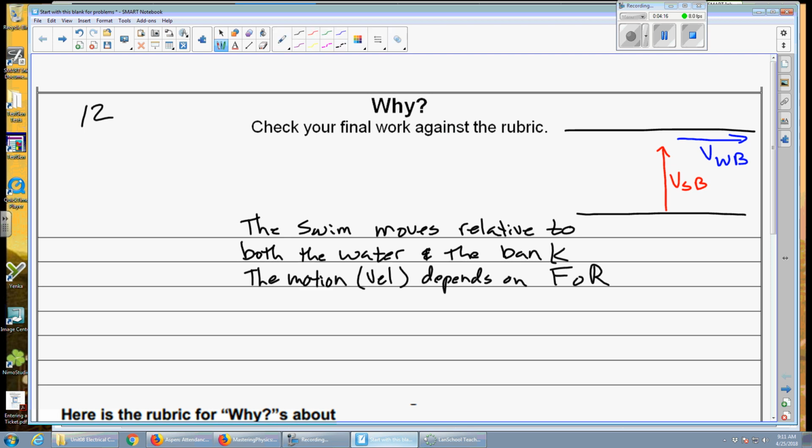To accomplish that, he's going to have to point himself in this direction, because that will be the velocity of the swimmer with respect to the water. So the B's, sorry, just for clarification, the B's are also in subscript? Yep. So that's the idea of this one, you know, a diagram would be helpful. Not necessary, or you could put it as part of your how, but I think it's useful.